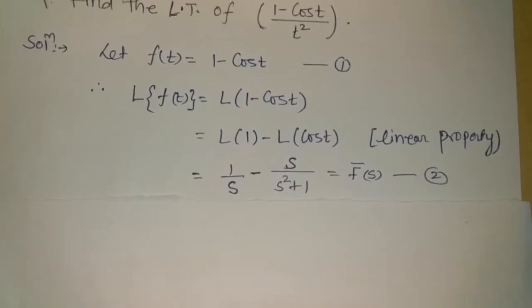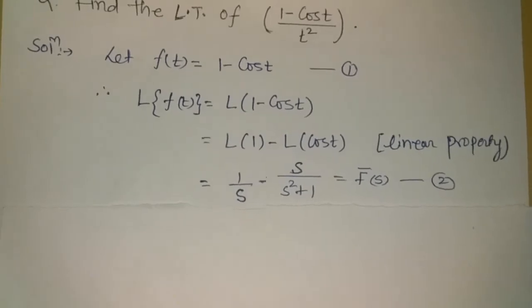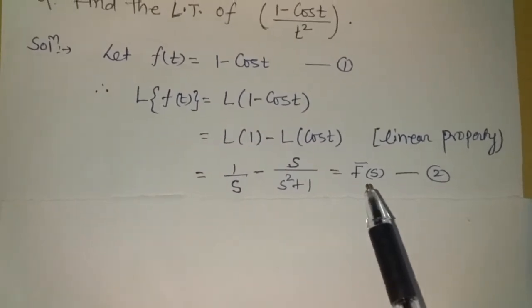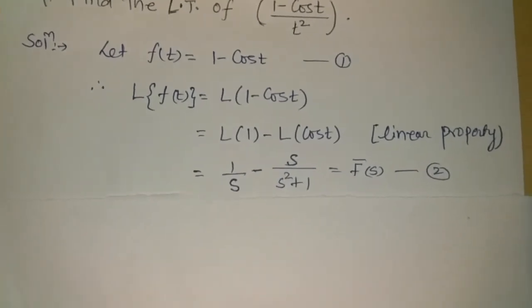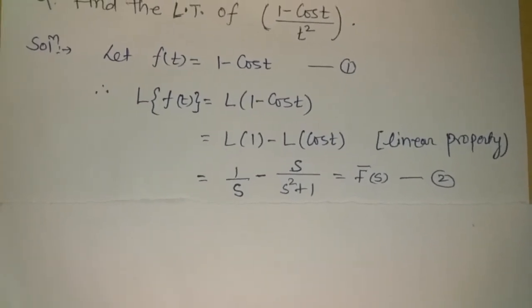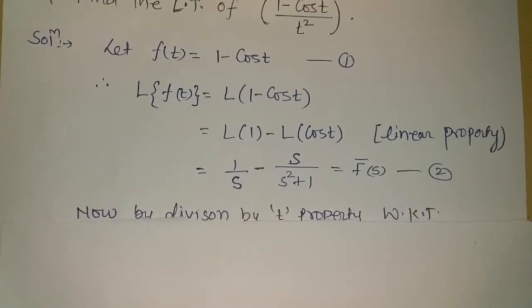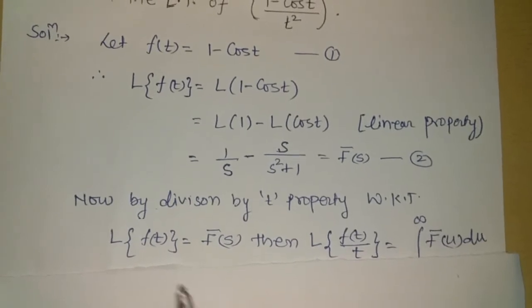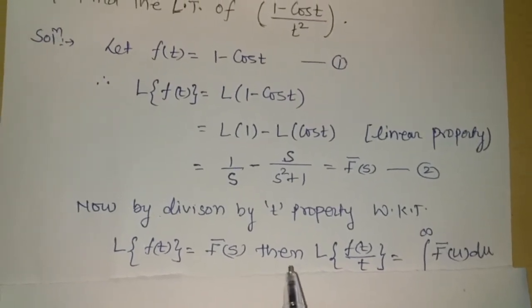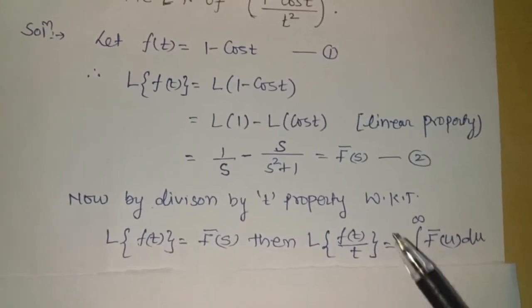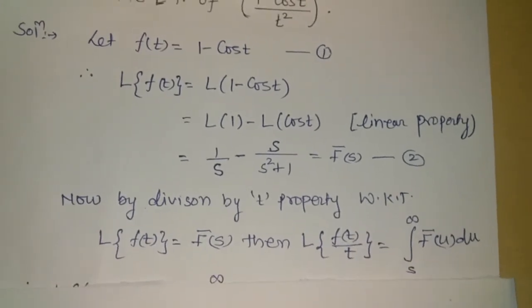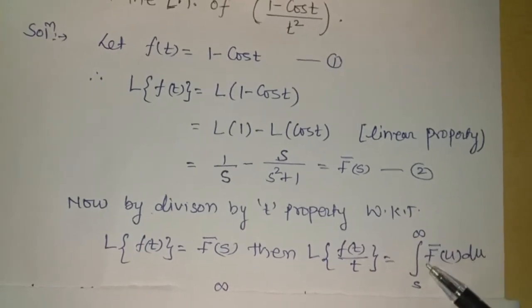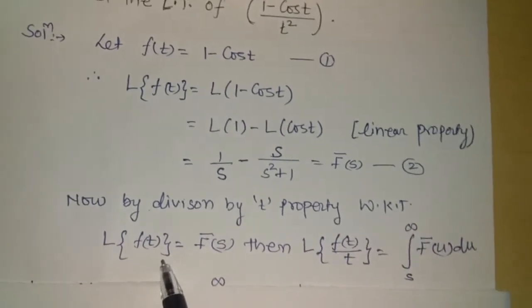So here the Laplace transform of f(t) is 1 by s minus s upon s square plus 1, which we denoted by f bar s. Now we apply division by t property, which states that if Laplace transform of f(t) is f bar s, then Laplace transform of f(t) by t is the definite integral s to infinity f bar u du, where f bar is Laplace transform of f(t).